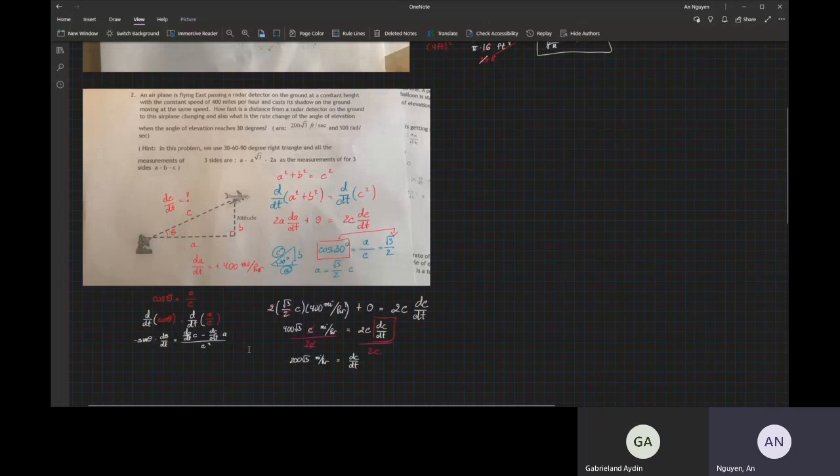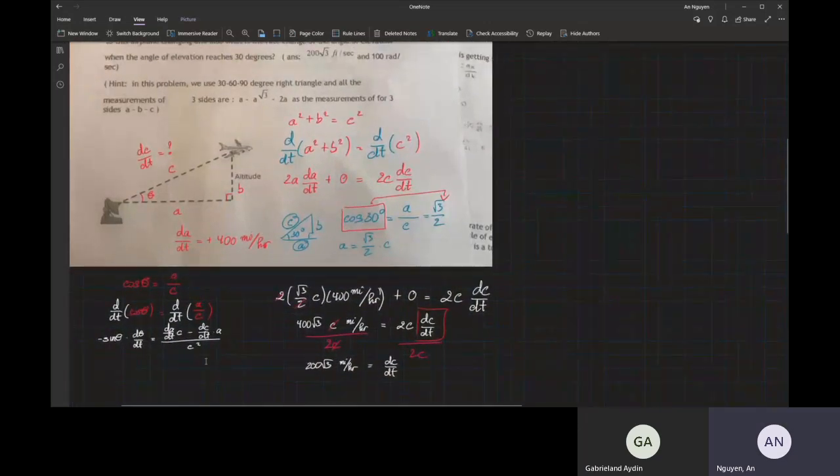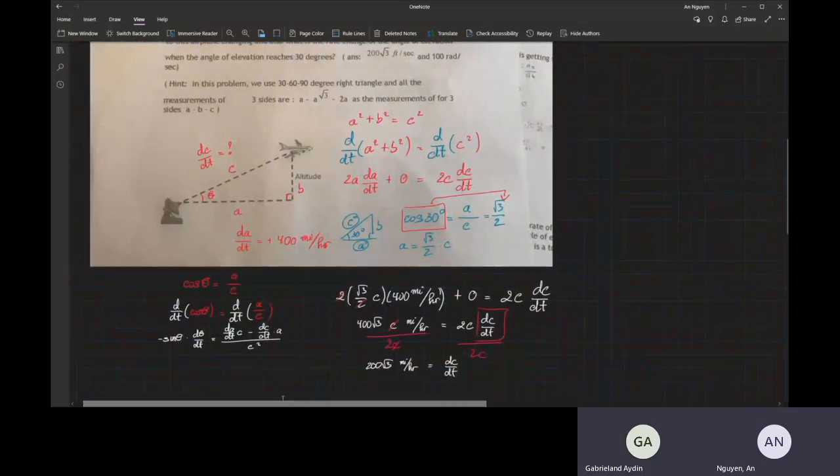Does this make sense? Yeah, the quotient rule over here. Yeah, I get that part. Okay. So again, we need to find d theta over dt because that's the rate of change of the angle of elevation.